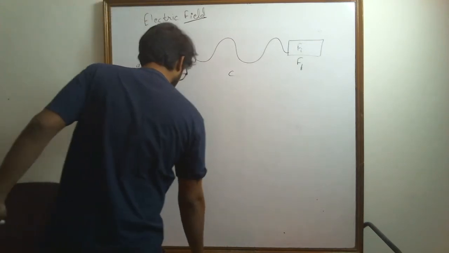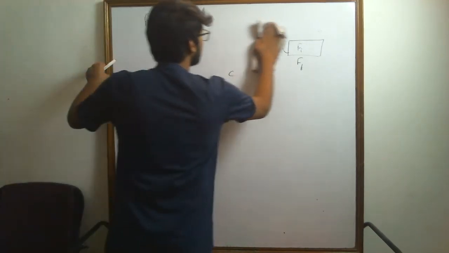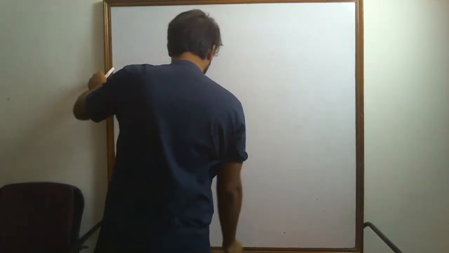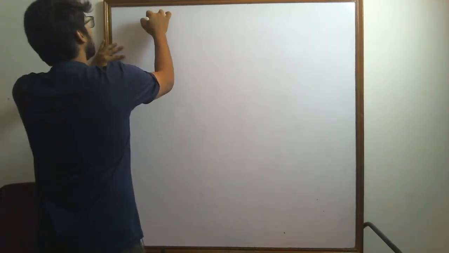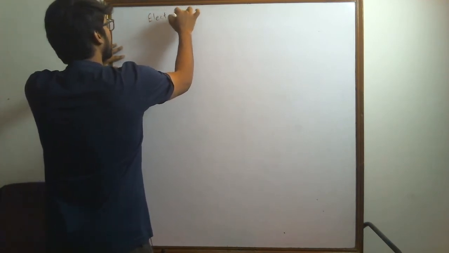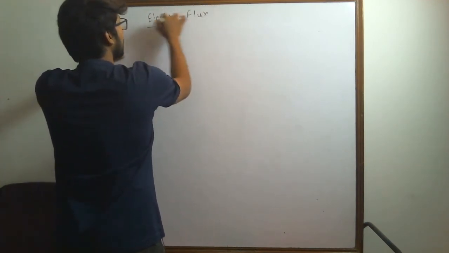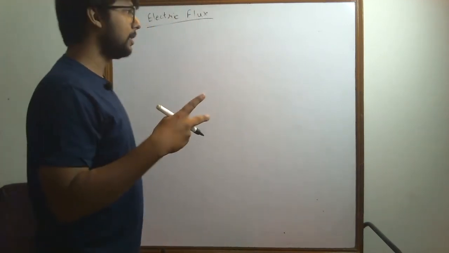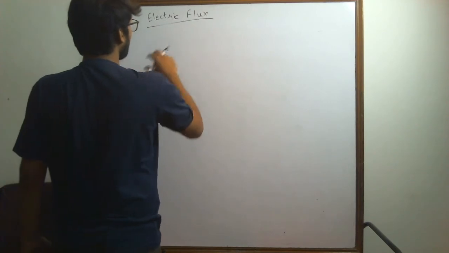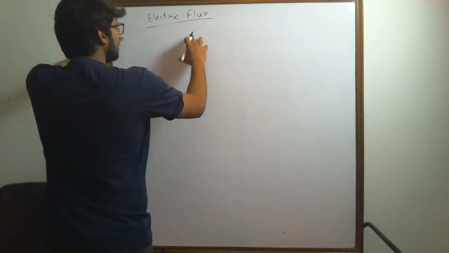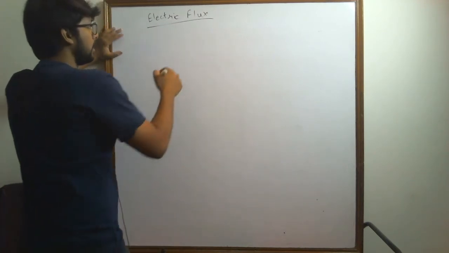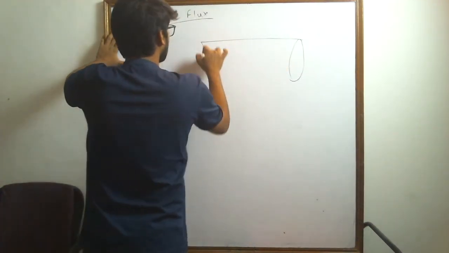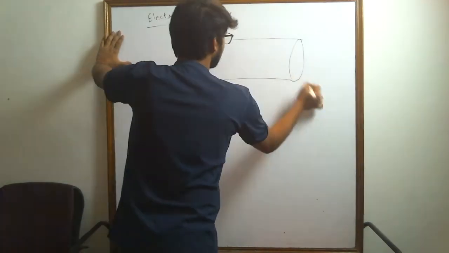Okay, now once we've understood field, let's quickly go through what is electric flux, because this is where confusions happen. Electric flux is quite a simple concept again, but a little confusing. What happens is, when I take an object, right? Suppose I take a cylinder like this.